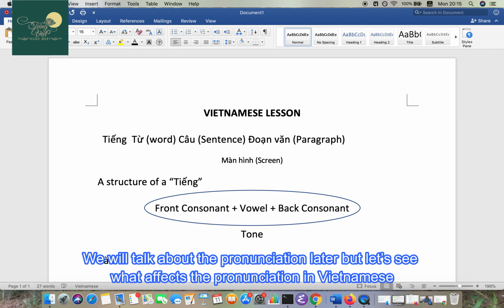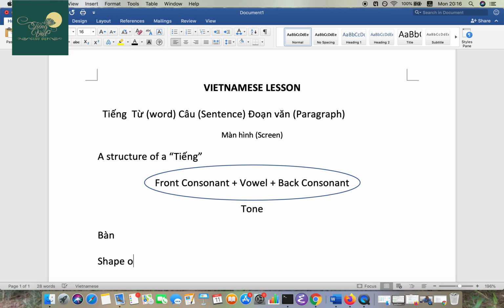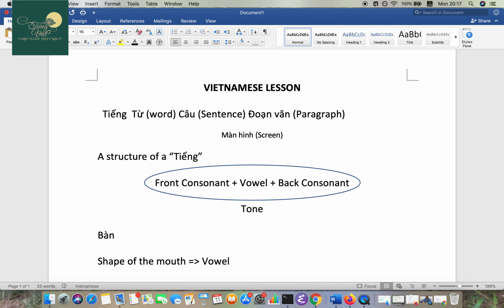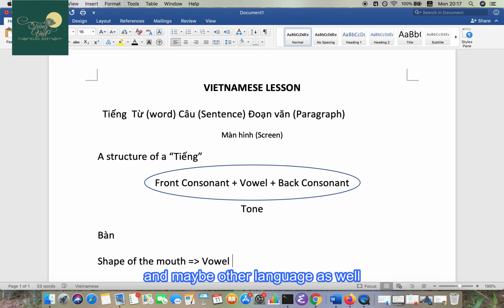We will talk about the pronunciation later, but let's see what affects the pronunciation in Vietnamese. As in other languages, there are lots of factors that build up the Vietnamese tiếng. The first thing is the shape of the mouth. This one is mostly used when you want to pronounce the vowel. By only adjusting the shape of your mouth, you can easily pronounce the vowels of Vietnamese, and maybe other languages as well.